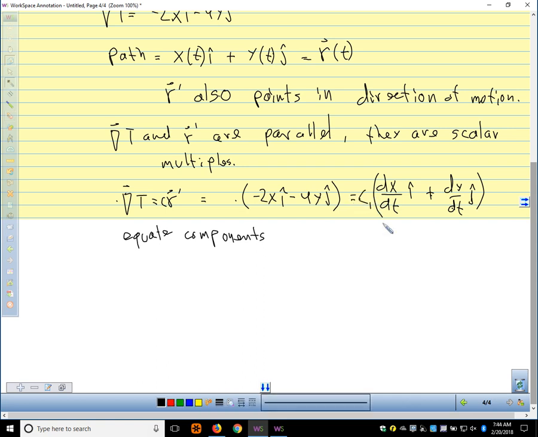It doesn't matter which side we multiply our constant on; I just like the way it sets up better this way. So we're going to say C dx/dt equals minus 2x, and C dy/dt equals minus 4y.